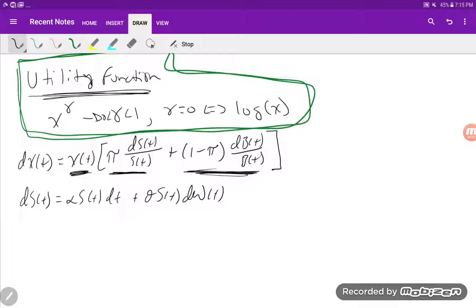Alpha and sigma are constants, alpha being the drift, sigma being the diffusion coefficient, and dW_t is the increment of a normal Wiener process. Furthermore, the differential of the risk-free asset is r B_t dt, so no randomness to that.